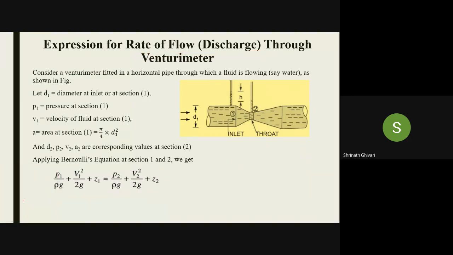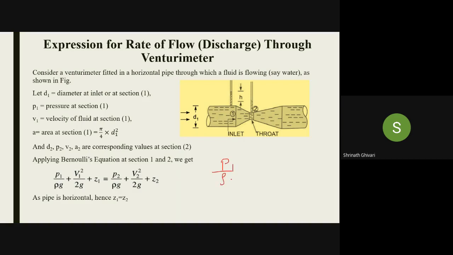Whether the pipe is horizontal or vertical, whether the two sections are in the same plane or in different planes: they are in the same plane from the horizontal line. That's why Z1 is equal to Z2. As the pipe is horizontal, we can say that Z1 is equal to Z2. If Z1 is equal to Z2, what will remain here?